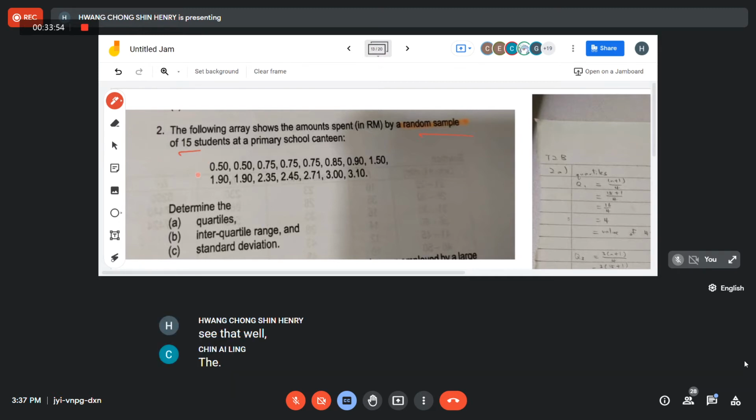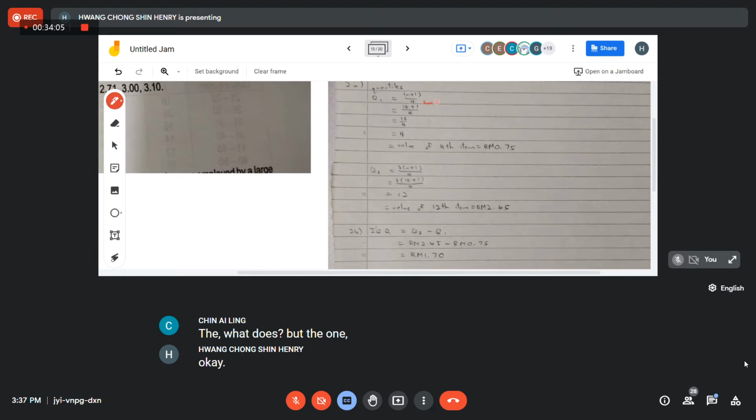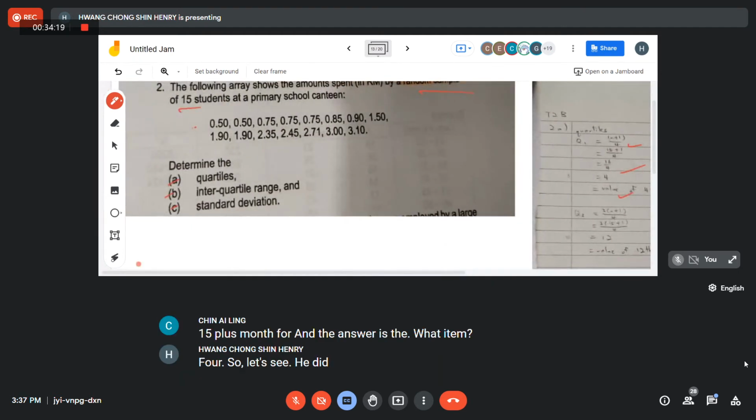The quartiles. Quartile 1: 15 plus 1 divided by 4, and the answer is the fourth item. So let's see, is it 1, 2, 3, 4? Okay. Arrange in order first, everybody.